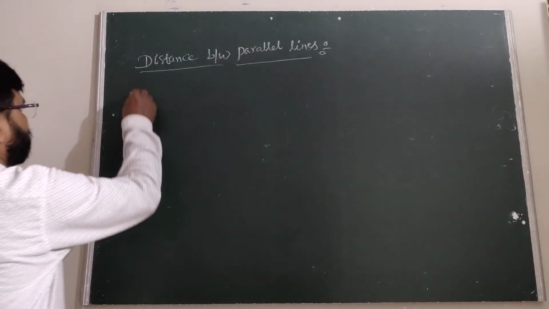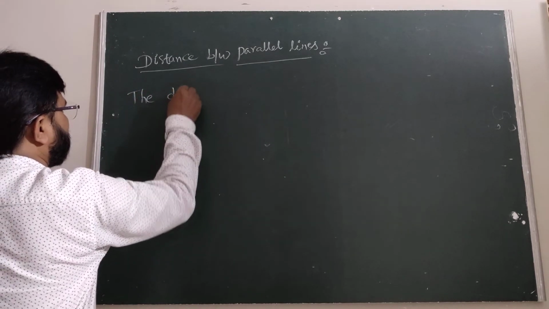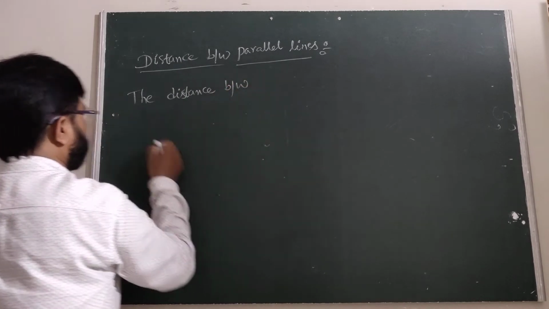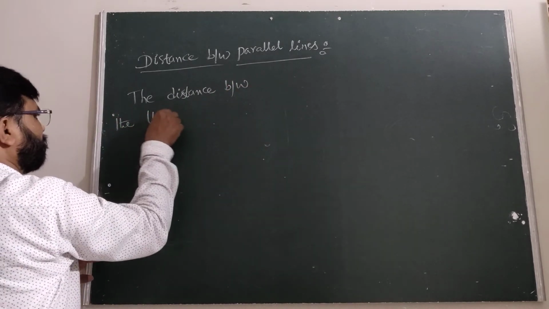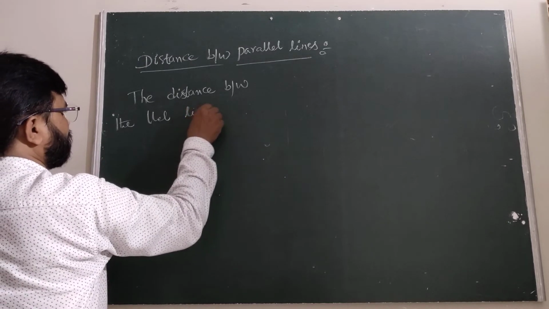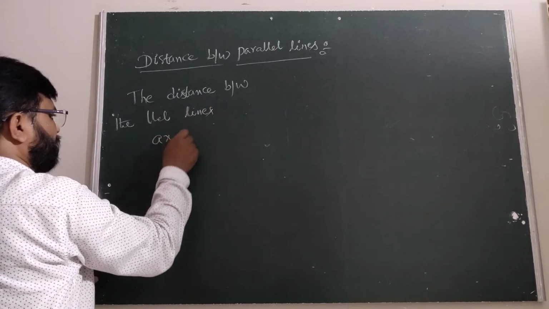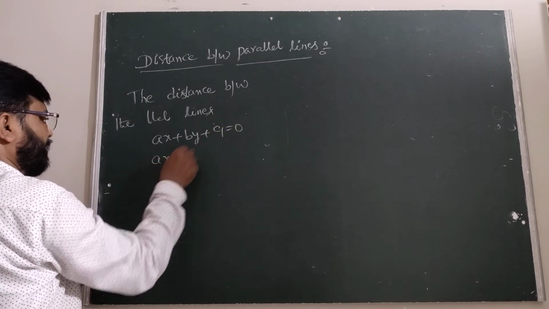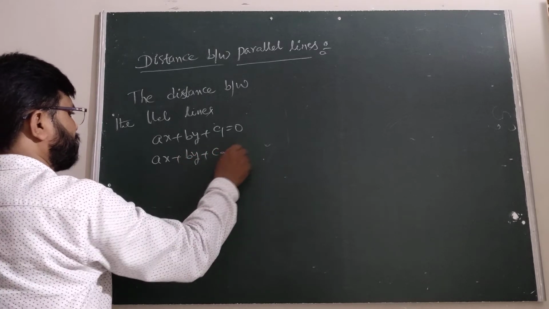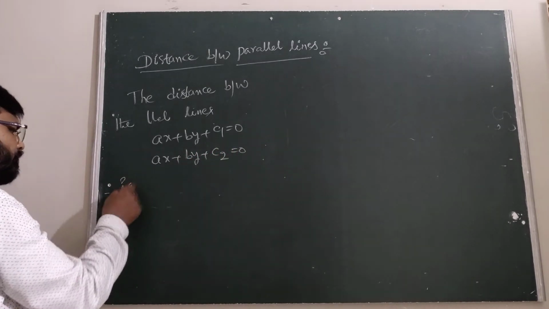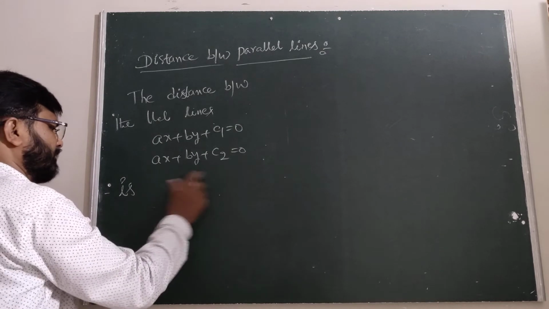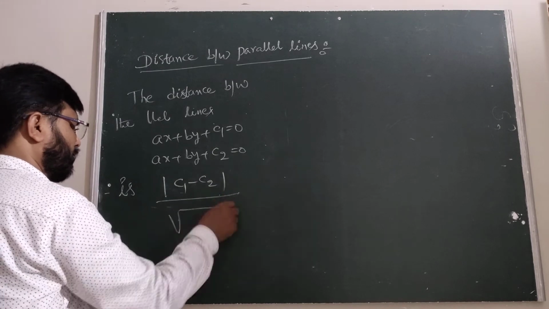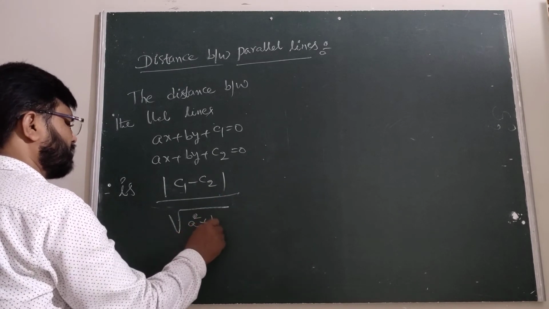Therefore, the distance between the parallel lines ax + by + c1 = 0 and ax + by + c2 = 0 is modulus of c1 - c2 upon root of a square plus b square.